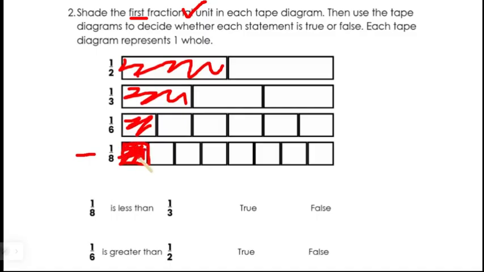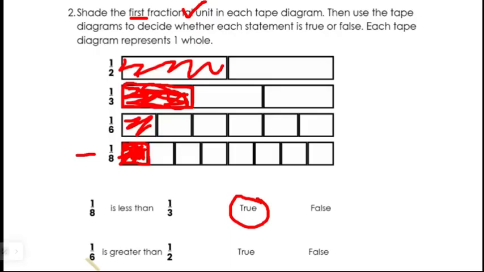Is this part here less than 1/3? So we're looking at just the parts that we shaded because the wholes are all the same. So that's not going to be different. But is this first piece, 1/8, less than 1/3? Well, yes, that's true. I agree. So I'm going to circle that.